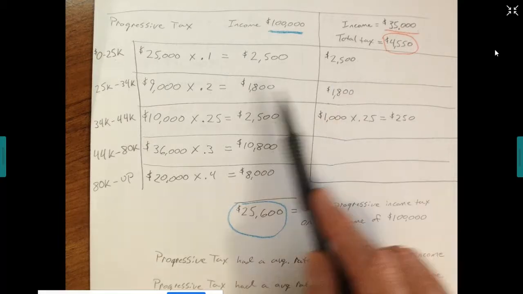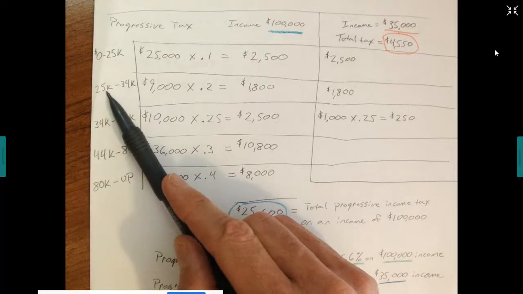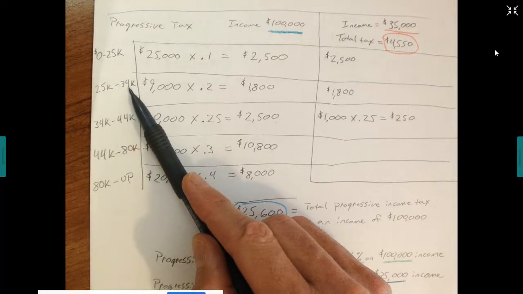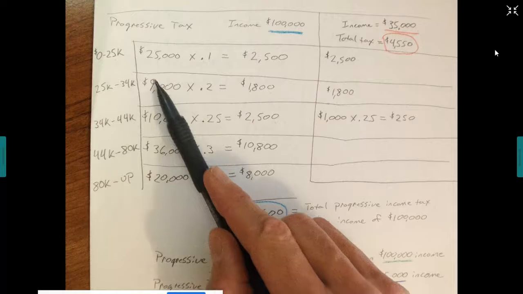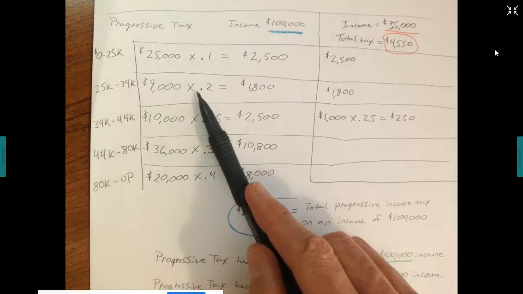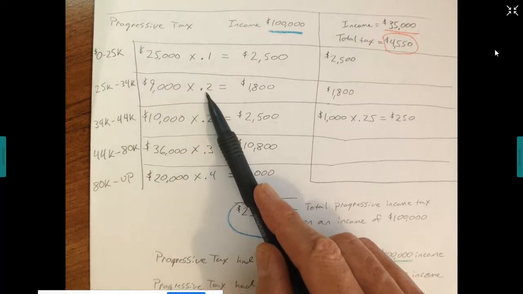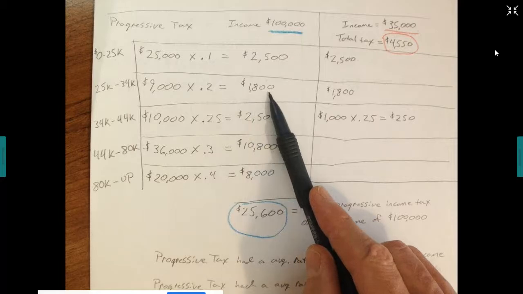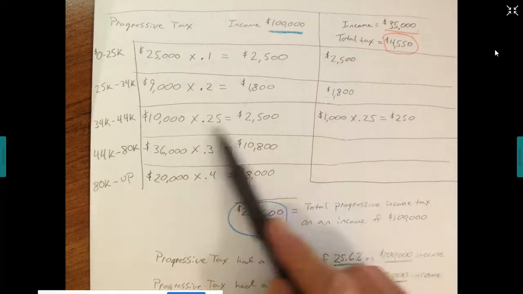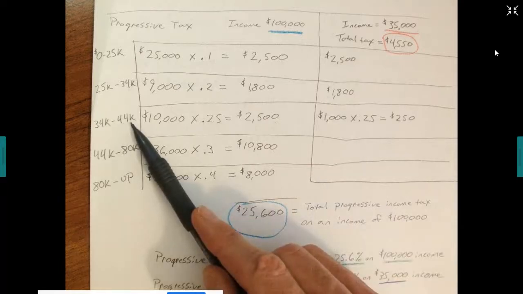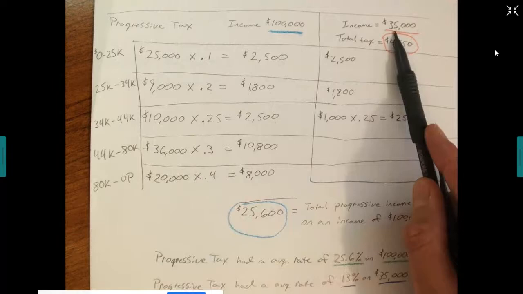In the next bracket, $25,000 to $34,000, is going to be the same idea. We make more than $34,000. So all of this $9,000 is going to be taxed at 20% for $1,800. Lastly, in our next bracket, we do not make $34,000, we only make $35,000.